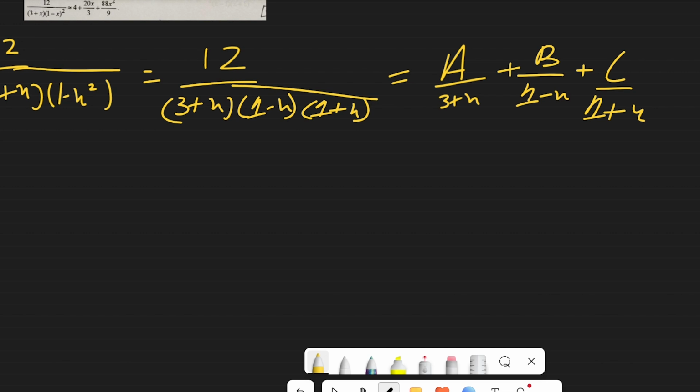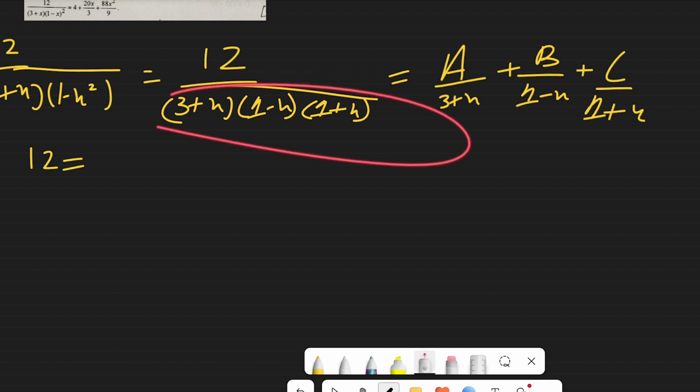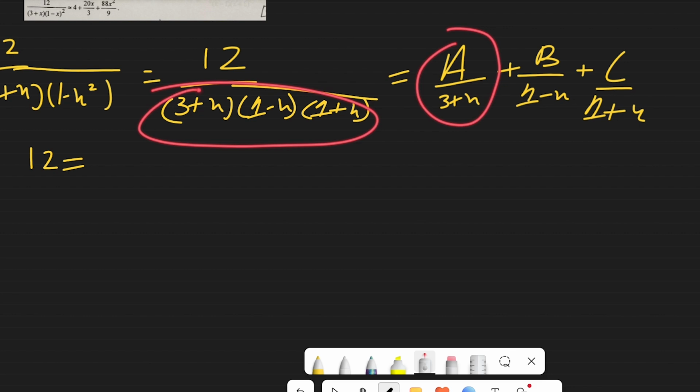Okay, so now we destroy the denominator. We remove all this denominator over this side. So when a multiplies by this entire thing, the 3 plus x cancels out, and I have 1 minus x and 1 plus x.